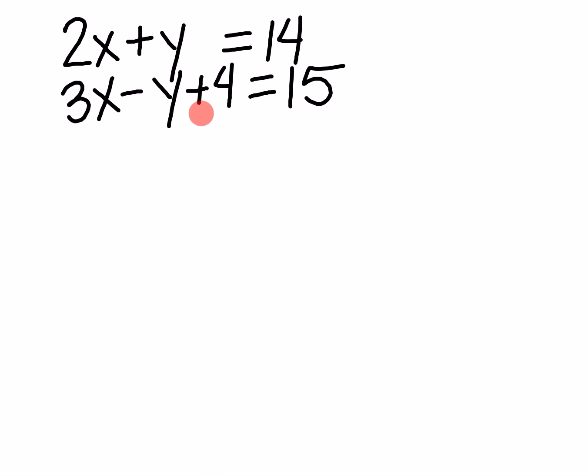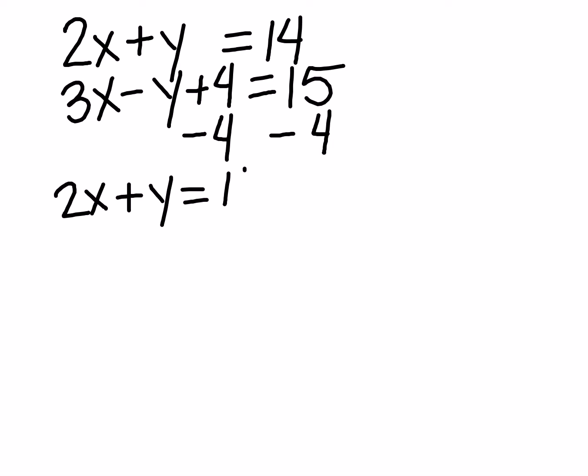In order to do that, I need to subtract 4 on both sides. Now let's rewrite the system. I have 2x plus y equals 14. 3x minus y equals, we have 15 minus 4 gives me 11.